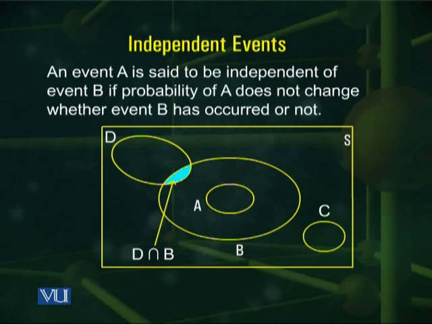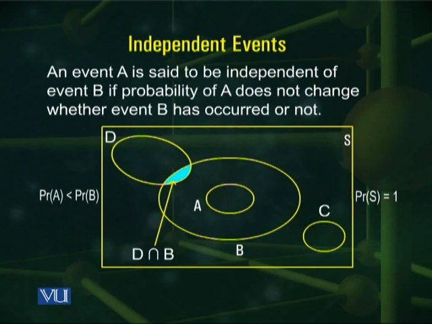So the enclosed area of the rectangle S is 1 because the probability of the whole sample space is 1. Similarly, the probability of A is smaller than B because A is a subset of B, and the probability is equal to the area. So the unconditional probability of D is equal to its enclosed area, which will be less than 1.